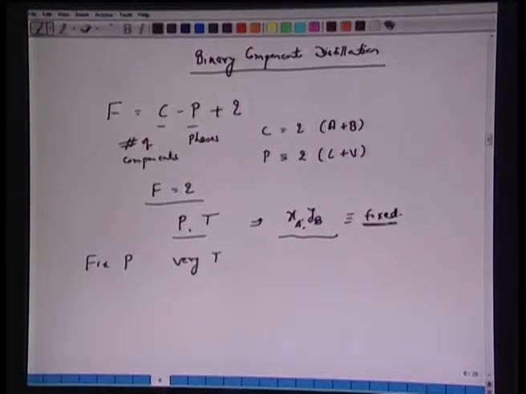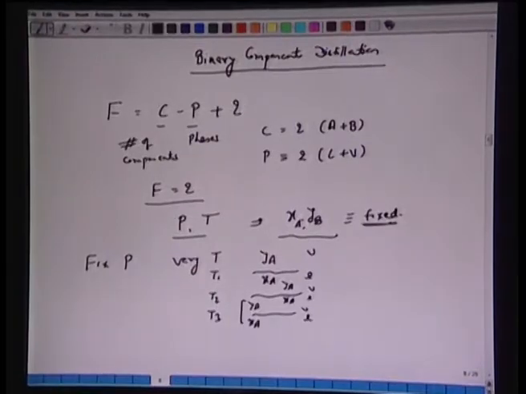Which means, fix pressure and vary T: T1, T2, T3. We have the equilibrium between the two phases, vapor and liquid, but the mole fractions XA and YA are all fixed for different temperatures, because the degree of freedom here is 2.